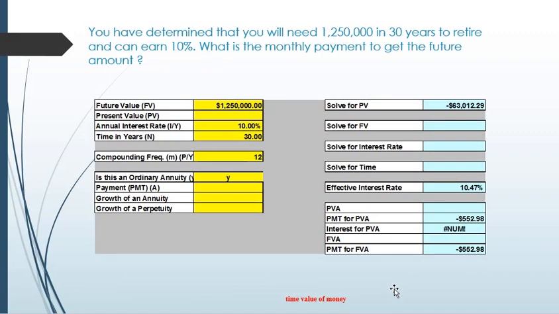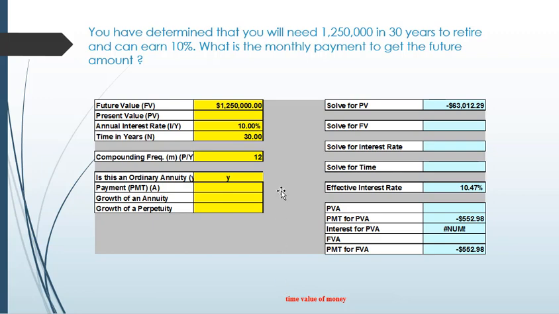So here are some other types of problems we can solve for. You've determined that you need $1.25 million in 30 years to retire on, and you can earn 10%. The question is, how much do you have to invest on a monthly basis to get that future amount?